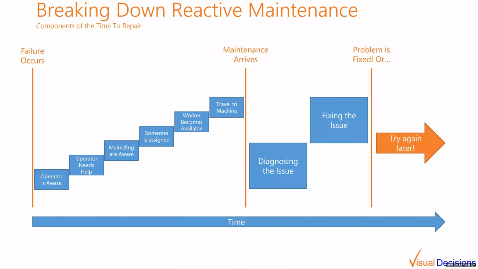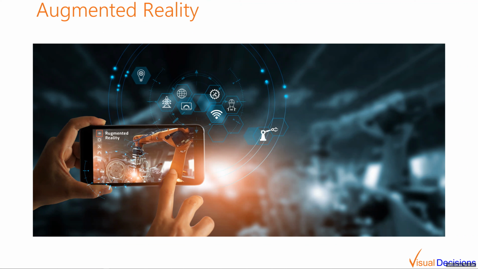Augmented reality applications can utilize your phone, can utilize a tablet, you can have the glasses that overlay images on top of the background and so forth, and really provide a brand new mechanism on the shop floor to do things that we just haven't been able to do before.